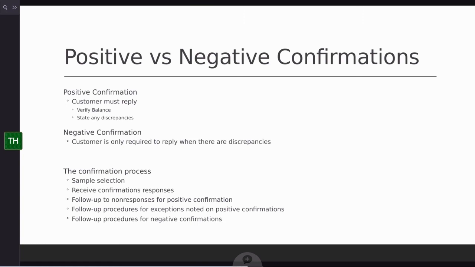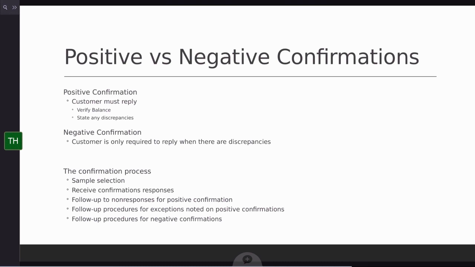And really, to understand the confirmation process, we're going to select our sample. We're going to send out those confirmations. We're going to receive back some responses. We're going to follow up on non-responses for positive confirmations, the ones that we really wanted to get a response from. We're going to follow up procedures for exceptions on those positive confirmations.